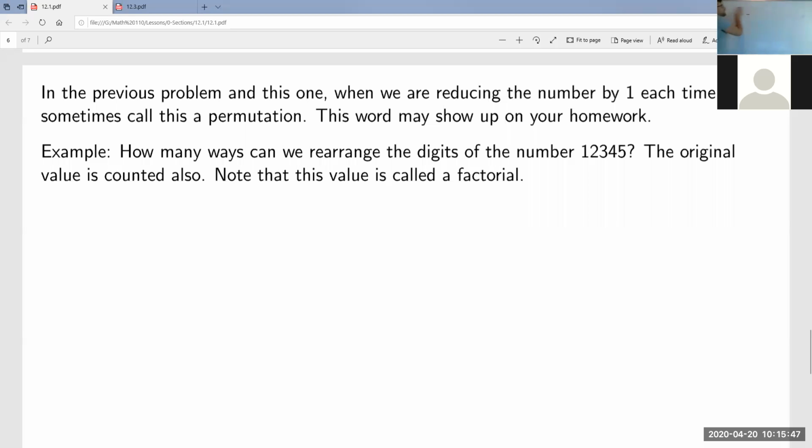How many digits are all these numbers going to have? Is it 5? Yeah, 5. So we're arranging the numbers 1 through 5, and so there are going to be 5 different place values.